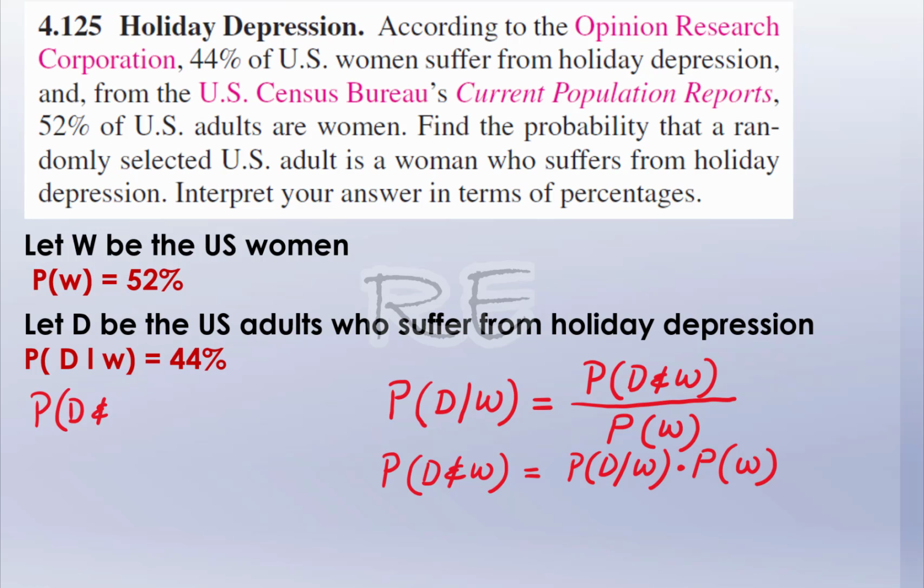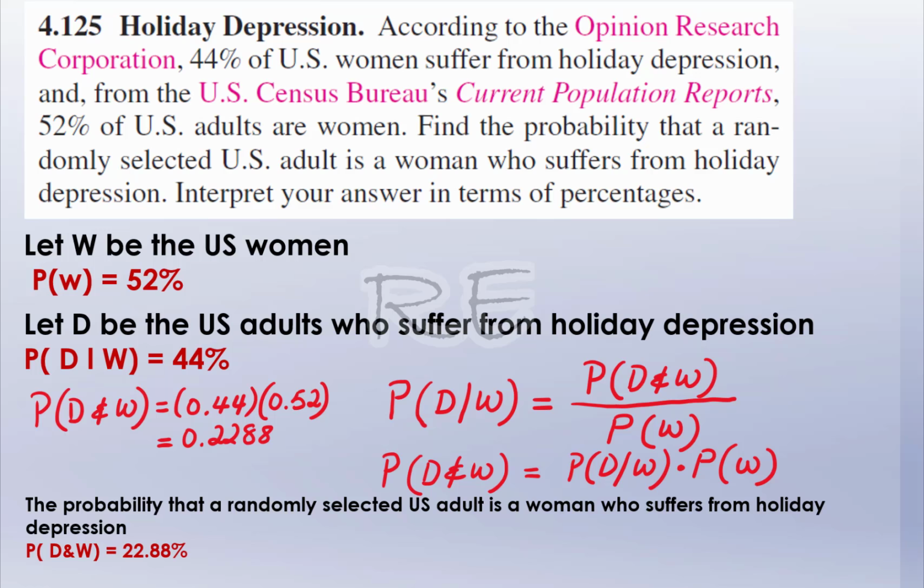So P of D and W will be equal to P of D given W, adults who suffer from holiday depression given that they are a woman, multiplied by the probability of being a woman. And the result is 22.88%.